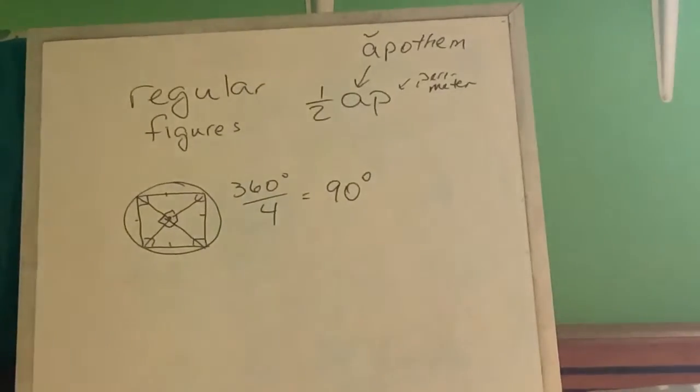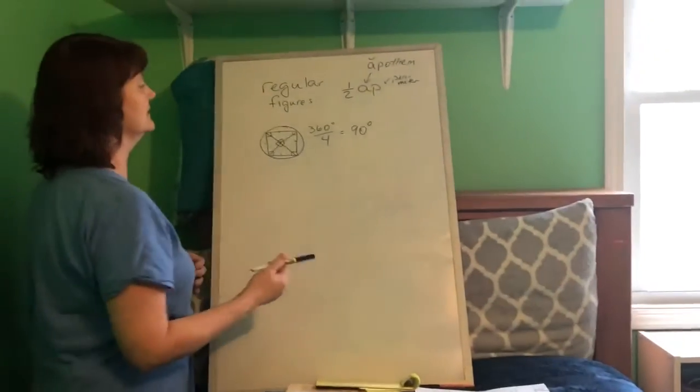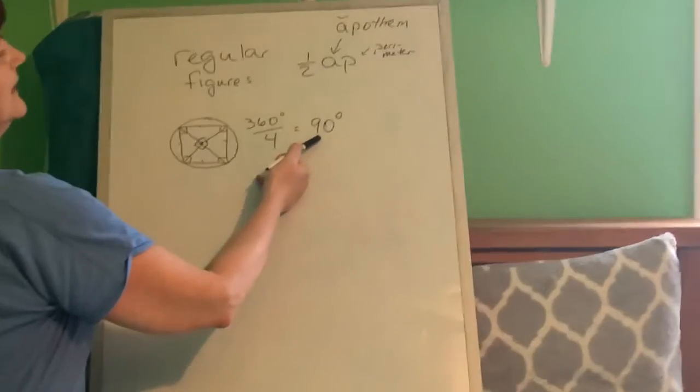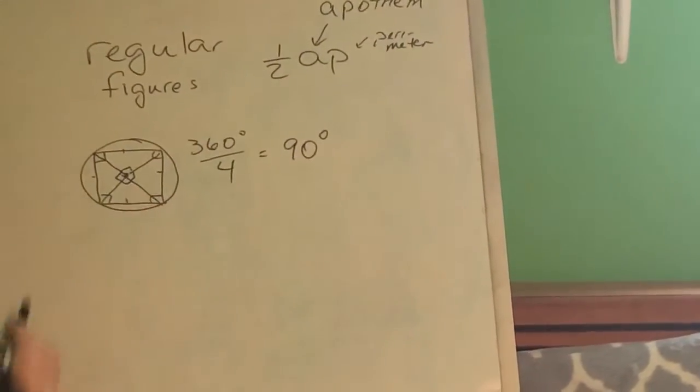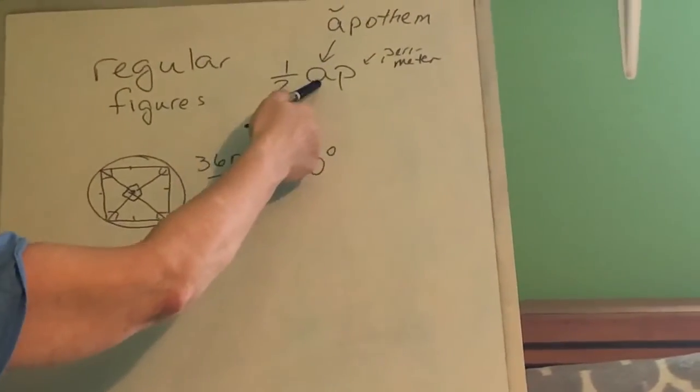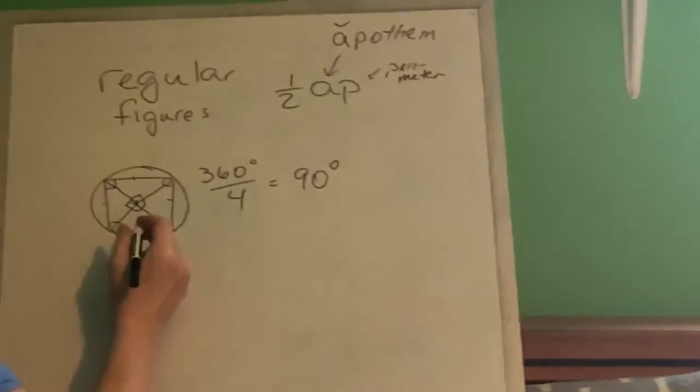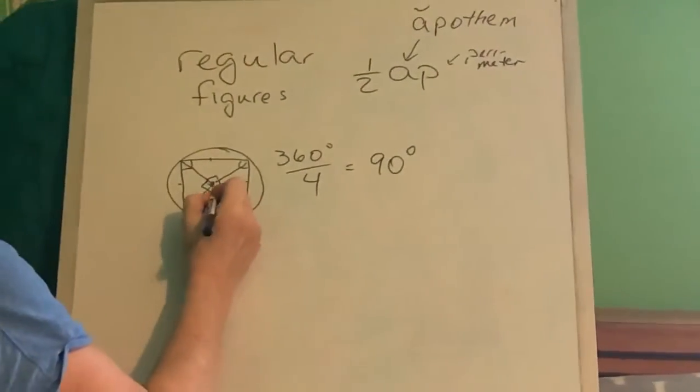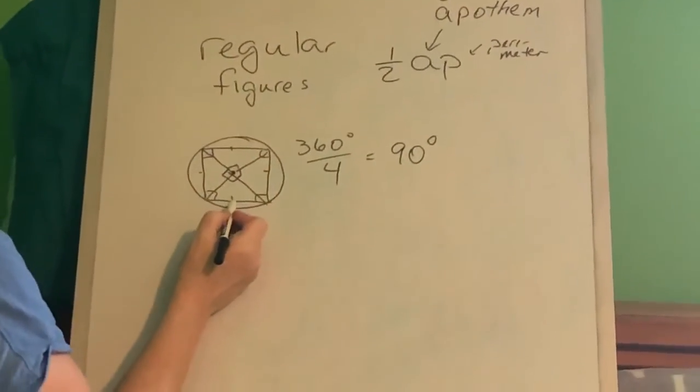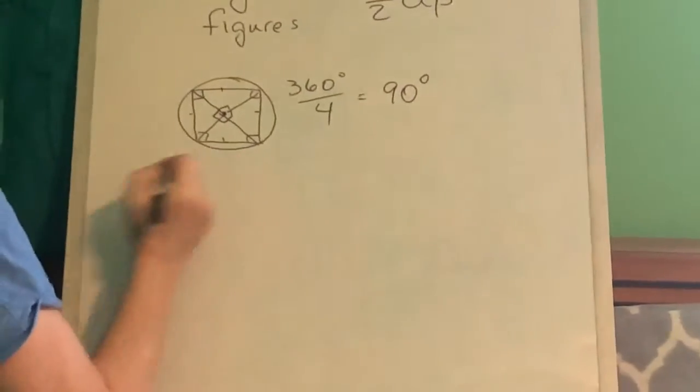If you look in your textbook again on 440, they show a square, they show a hexagon, they show a decagon. It could be any regular figure that this will work for. So if I find my angle in the center, I need to find the apothem. The apothem is going to be the length from the center perpendicular to a side.